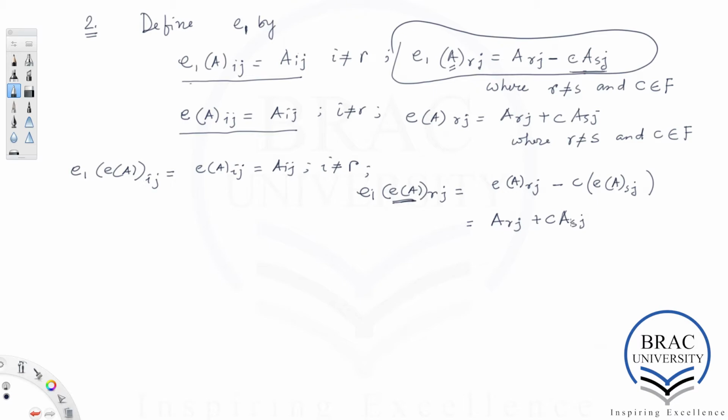Okay, and this is simply c times Asj. Okay, this we can write as Asj using this, because s is not equal to r.